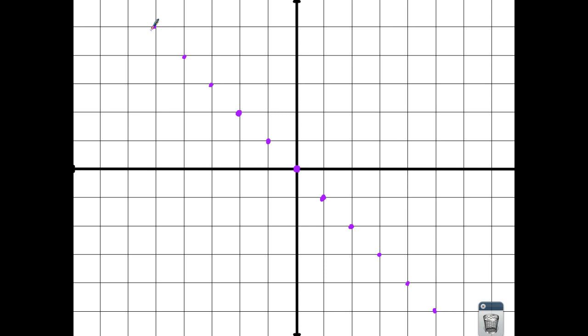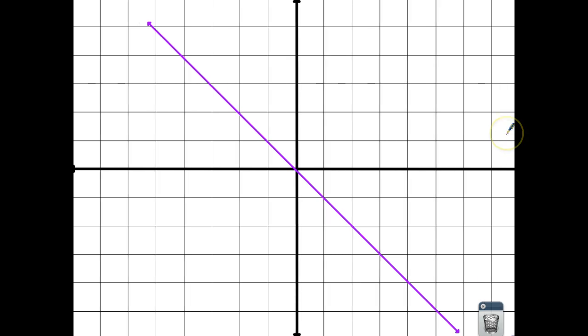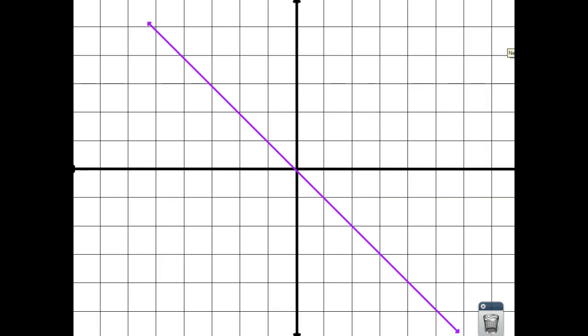We take out our straight edge, and we graph a nice straight line through the grid, connecting all of our points. And now let's just clear out those annotations there. So there is the line that we call, let's give it a name, y is equal to -x.